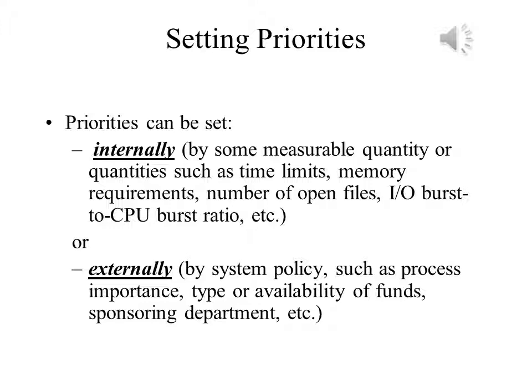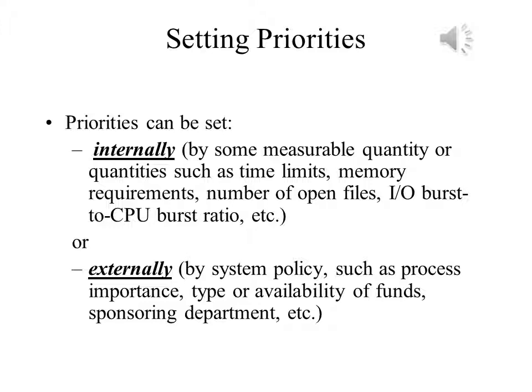The I/O burst to CPU burst ratio is an important factor because I/O bound jobs need quick access to the CPU but won't be there very long. Moving these to the front of the line generally increases throughput.